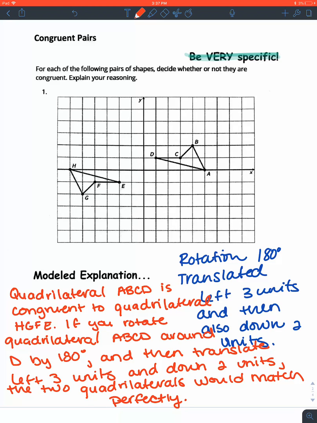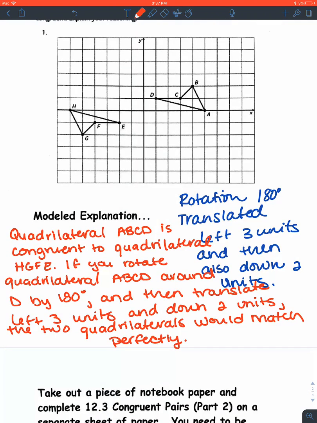So the 3 things we talked about yesterday are restate, answer, and then support. So my modeled explanation for you is I restated the question, I also answered the question within my restate, and then I supported it with why they are congruent through the rotation as well as through the translation. And rotations and translations create rigid transformations.